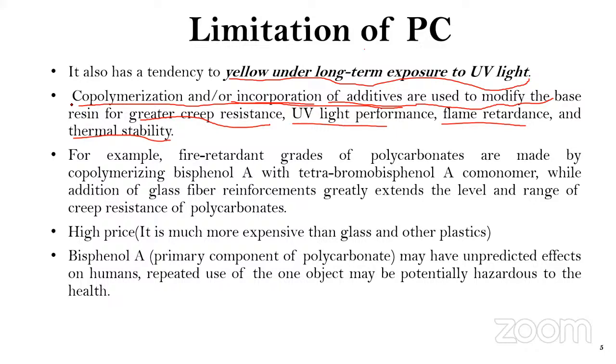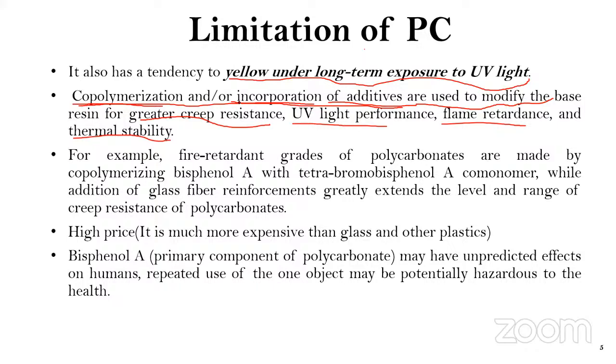Might be we do some copolymerization, means this PC will be copolymerized with some other polymer that is quite UV resistant, so we can solve the issue. Or else, what I can do, I can add a few additives like UV stabilizer.